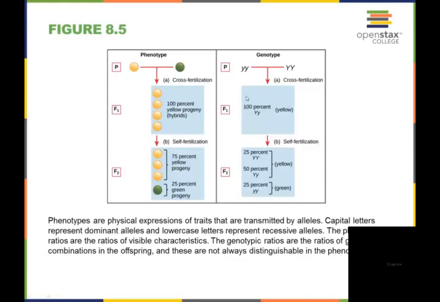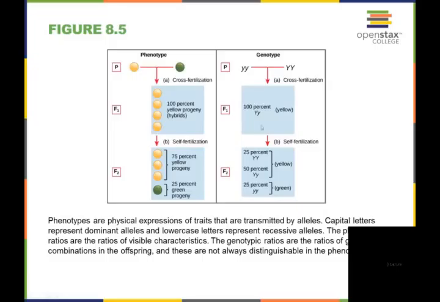And the reason is that one of the alleles is going to come from this parent, and one of the alleles will come from the other parent. Each of them will get one big Y, one small y. Being that yellow is dominant, it's going to be the trait that's expressed in 100% of those flowers.